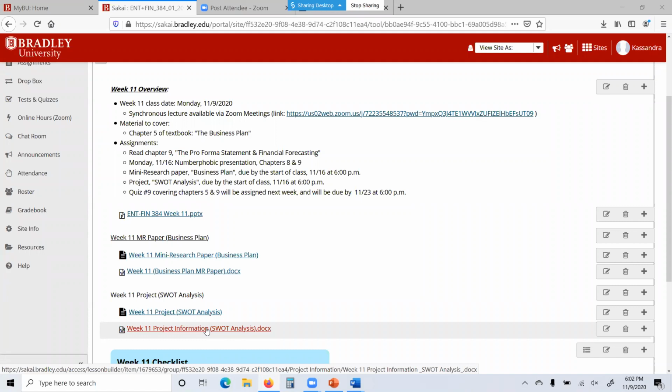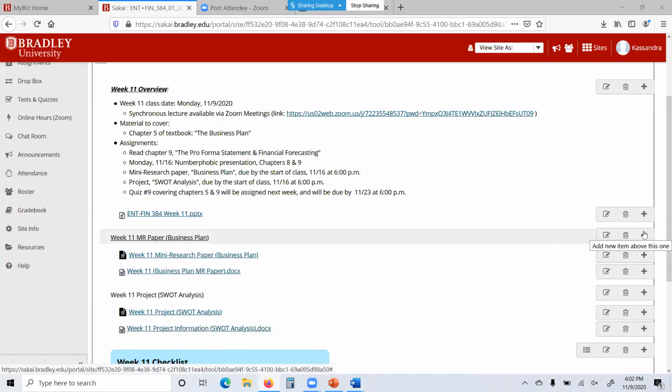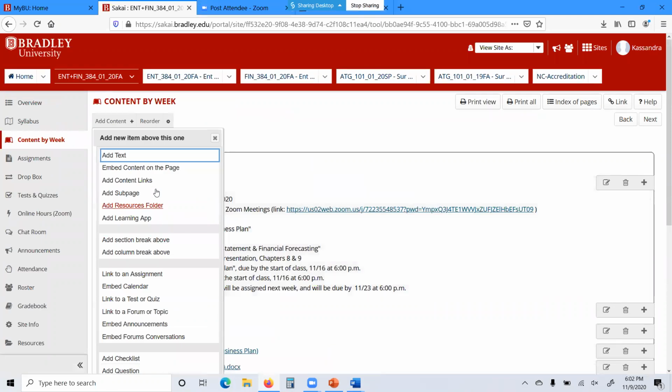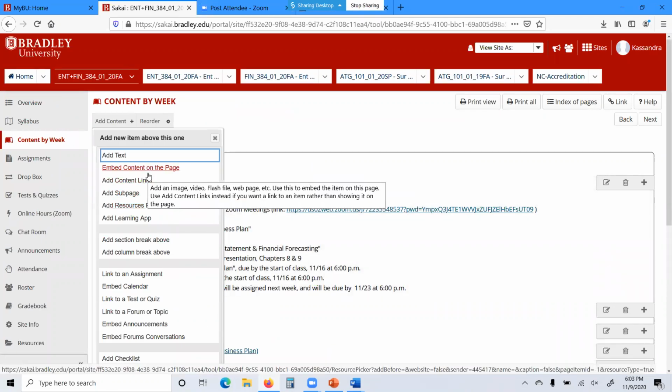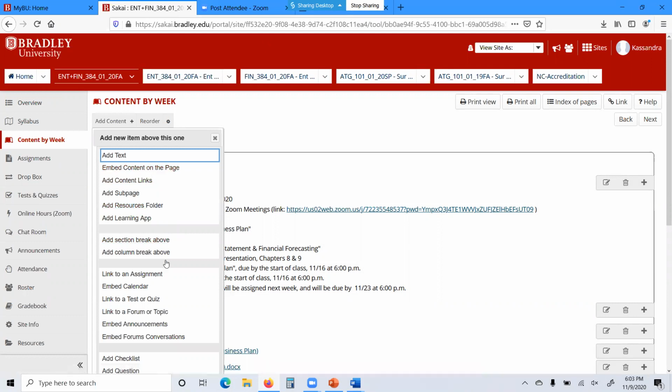There's also another handout that I will post up to Sakai. That is content from the book, the contents of a typical business plan, laid out in a little bit more of a user-friendly format than what I had on the slides.